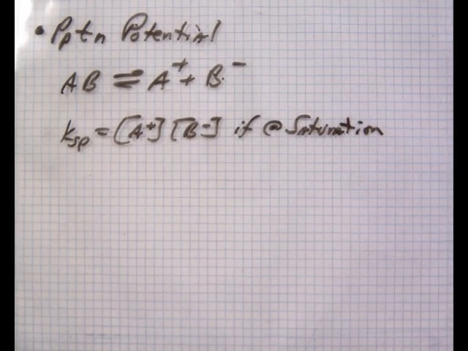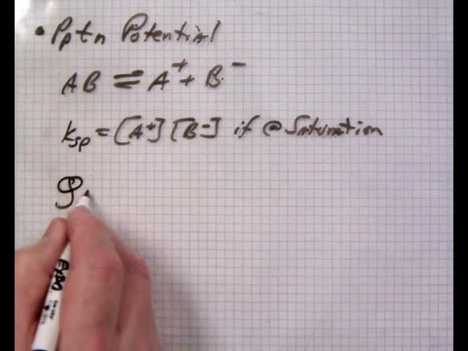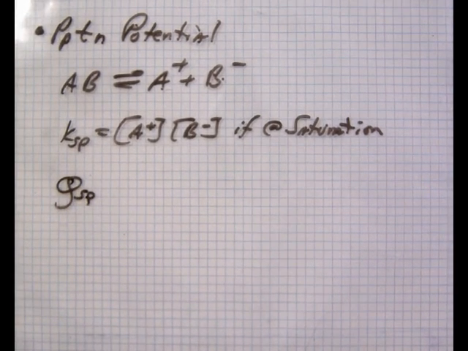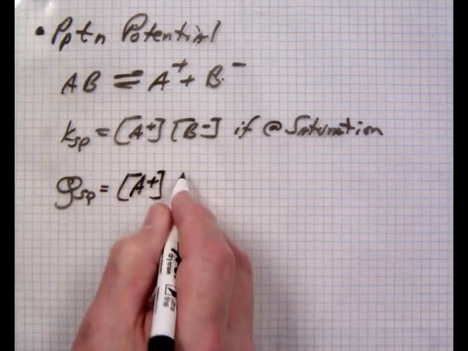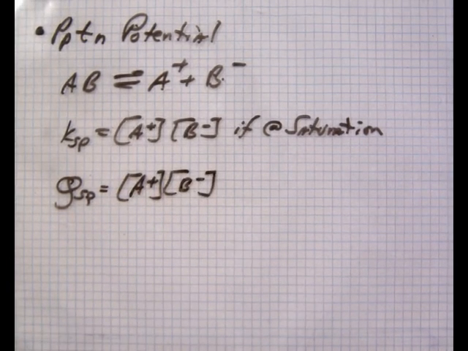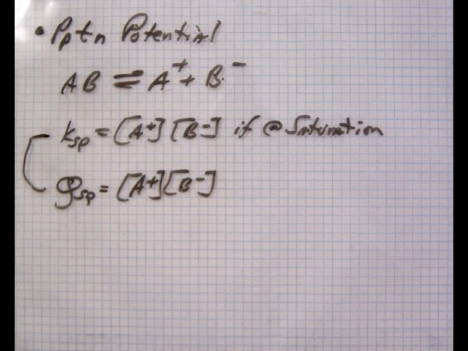However, if the A and B concentrations are such that they are not at saturation, what you'd calculate is a QSP value. These are not KSP values. Okay, and what you do is you compare the K and the Q, and defining which way the system would shift, it defines whether or not a precipitate will be formed.